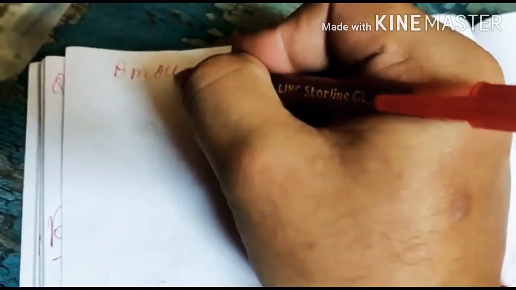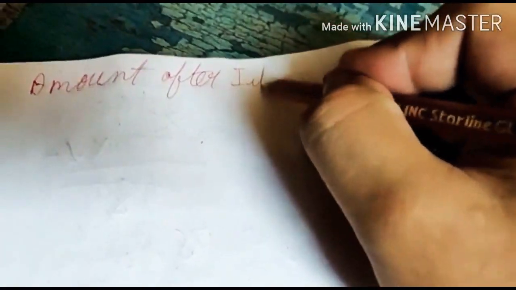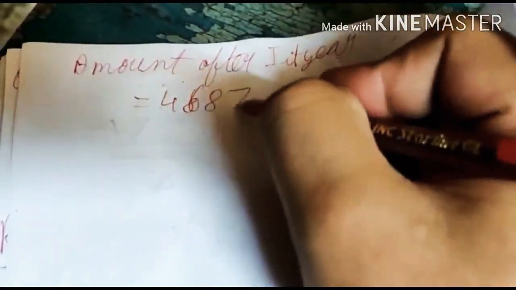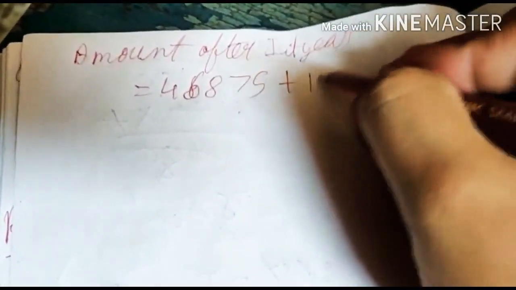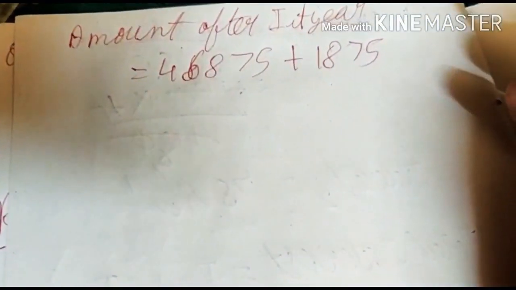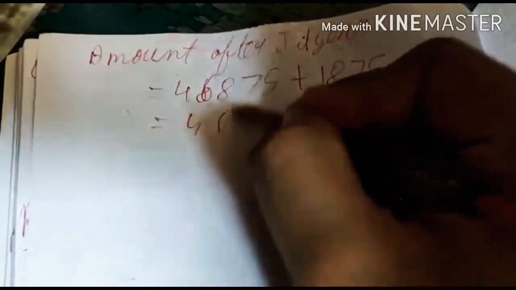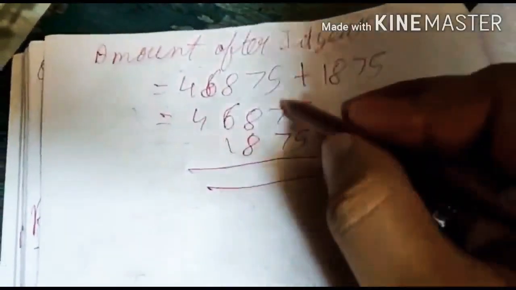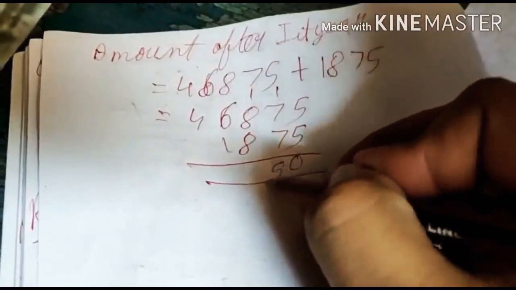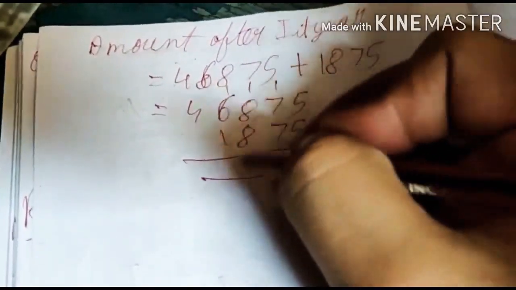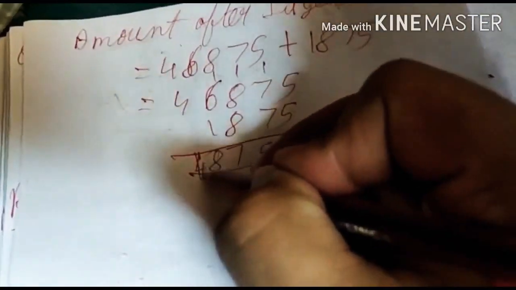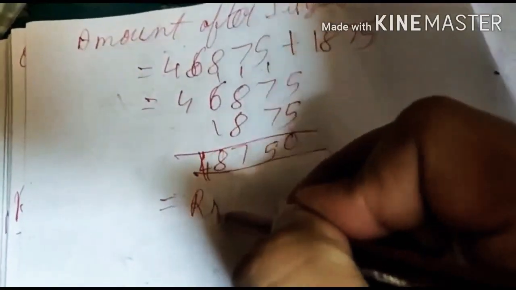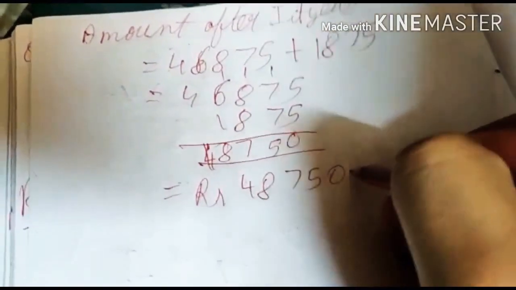Okay, so what will be the amount after the first year? It will be 46,875, the principal, and the interest 1875. Okay, we will add it. 46,875 plus 1875, so it is rupees 48,750.